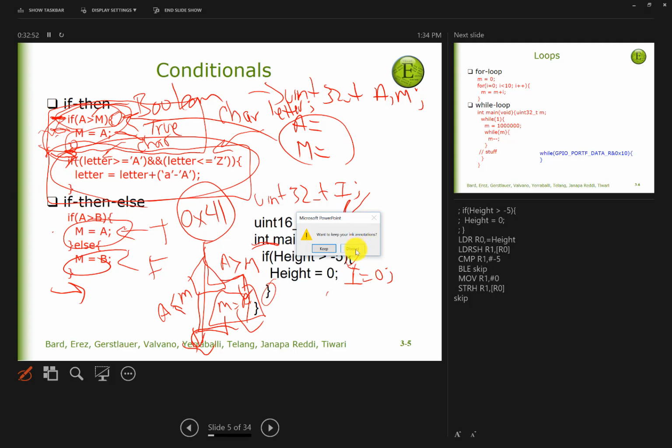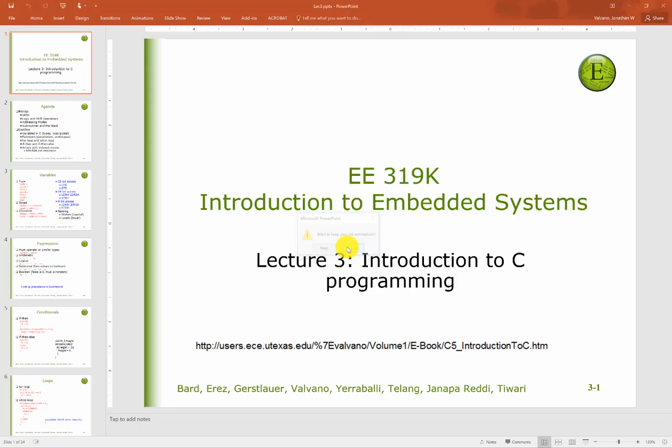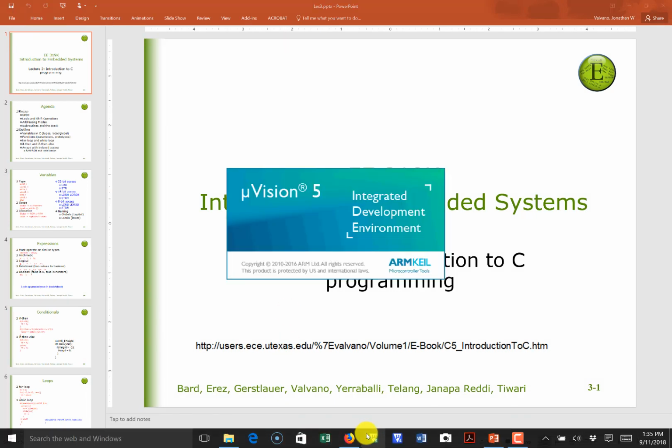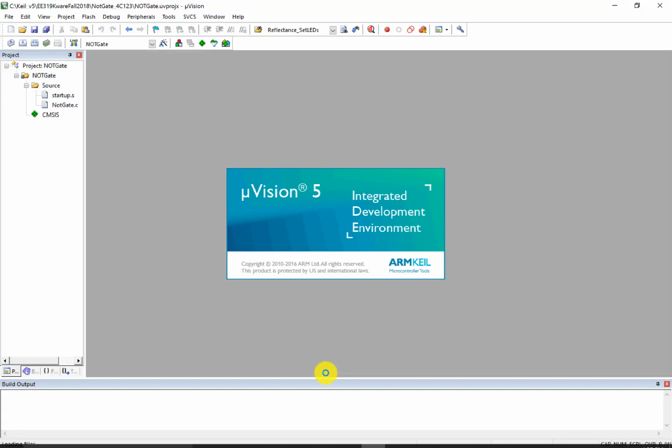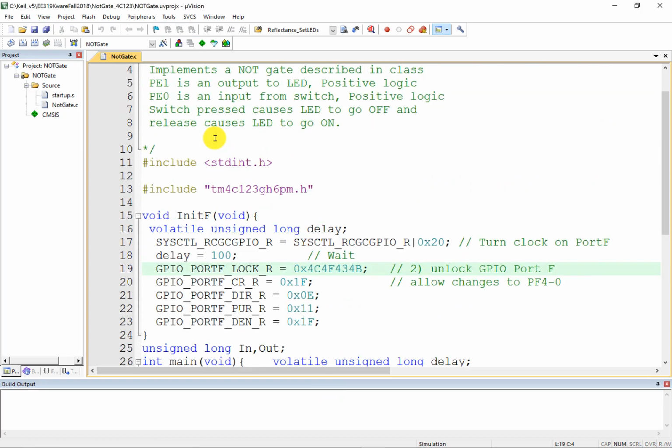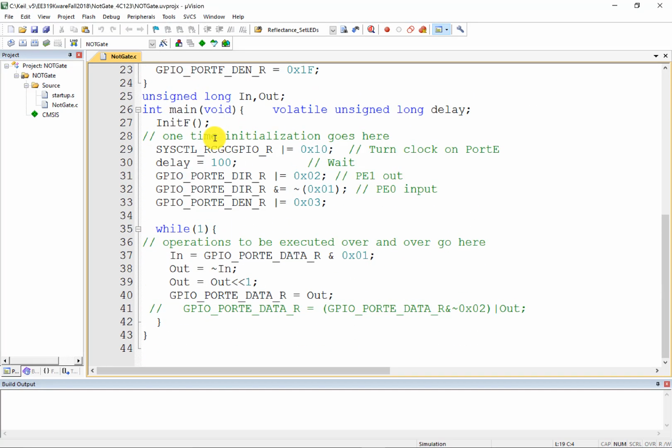You can either leave the void or put the void in. The same goes for the int. Those are not used in this embedded system, so it doesn't really matter. For example, here I left the void in. I could take the void out and it wouldn't matter.